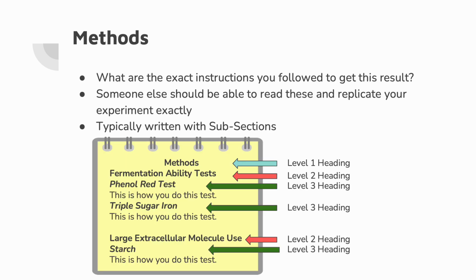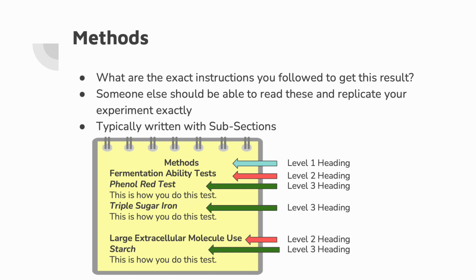Methods. What are the exact instructions you followed to get to this result? Somebody else should be able to read these, replicate your experiment exactly. So this is typically written in subsections. So this little notepad here explains the different heading levels in APA format. So all of your section headers should be level 1 headings in APA format.